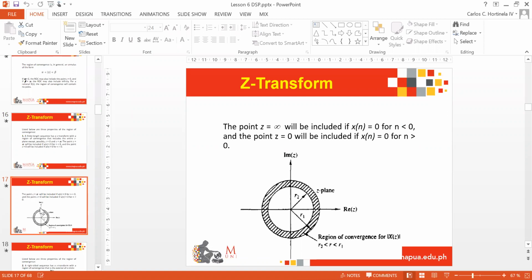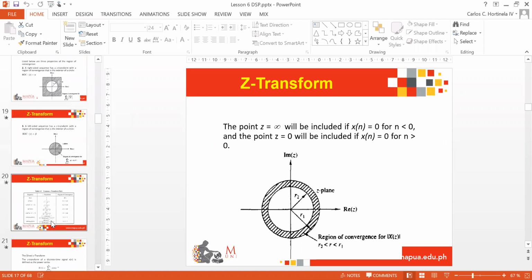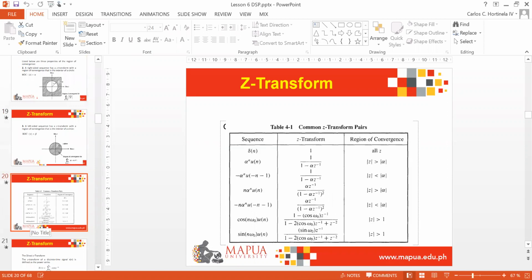The region of convergence would be within the boundaries of your alpha and beta, in between alpha and beta.